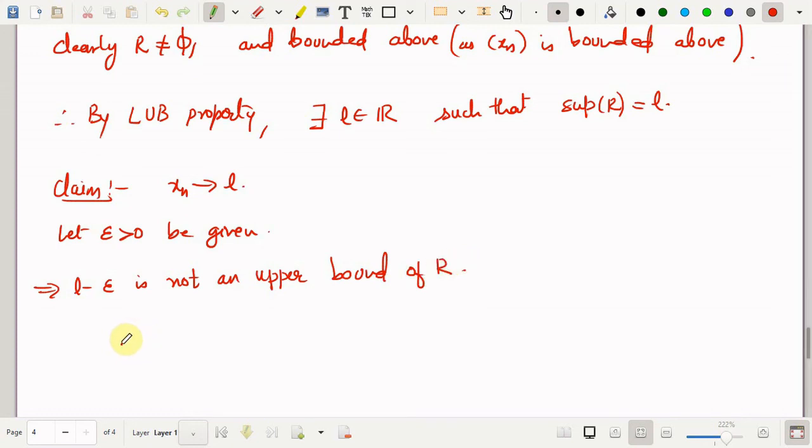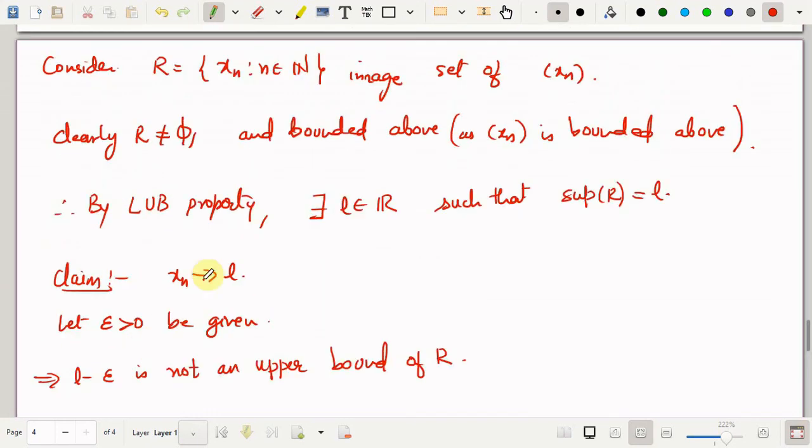That means we should be able to find at least one element in R which is greater than this L minus epsilon, right? So that's the same as saying there exists at least one natural number, say n, such that the corresponding xn is greater than L minus epsilon.